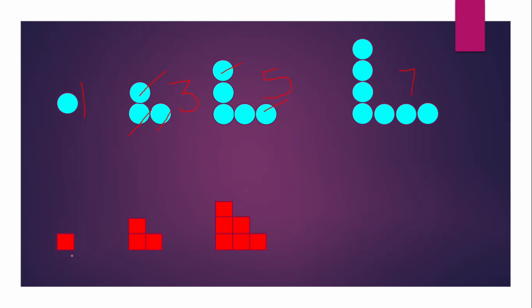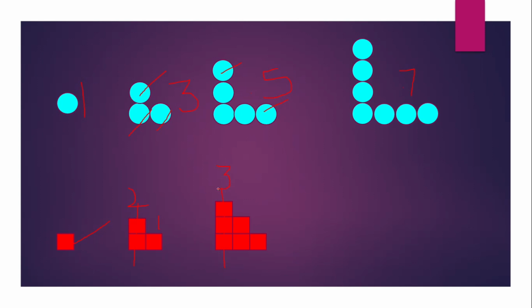Now carefully observe one more pattern here, children. One square is given to you and then we added 2 squares in the vertical manner. So now 2 are added and 1 was already here. Now what do we observe in the next one? 3 squares are added in the vertical line.